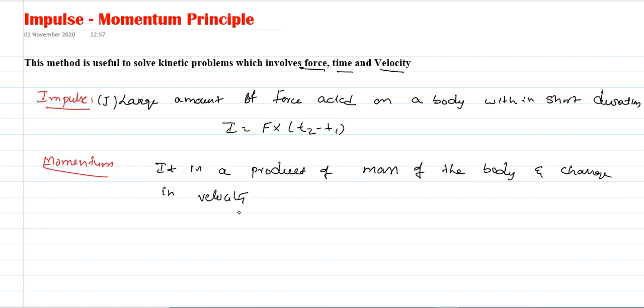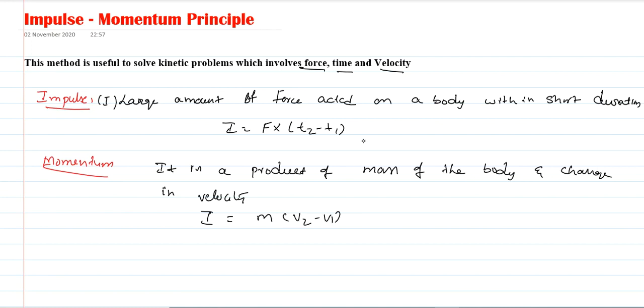So I can say that this is also in the form of impulse, because impulse and momentum are similar to each other. In terms of impulse we are going to represent momentum also. So I is equal to mass of the body into change in velocity.